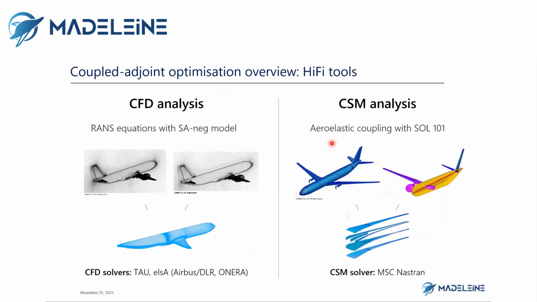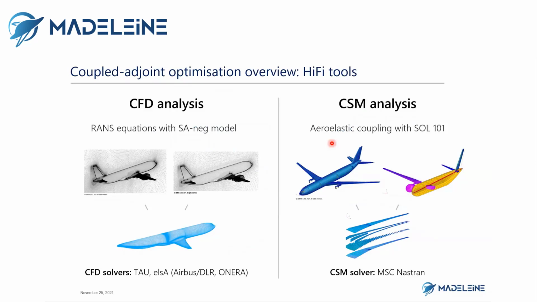So regarding high fidelity tools, we use different tools depending on the different partners involved in the XRF1 test case. Regarding CFD, all partners solve the RANS equations with a fully linearized Spalart-Allmaras turbulence model.